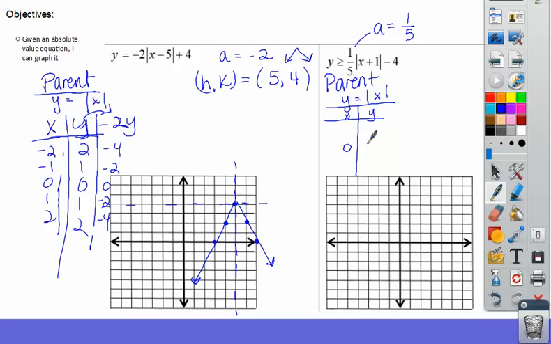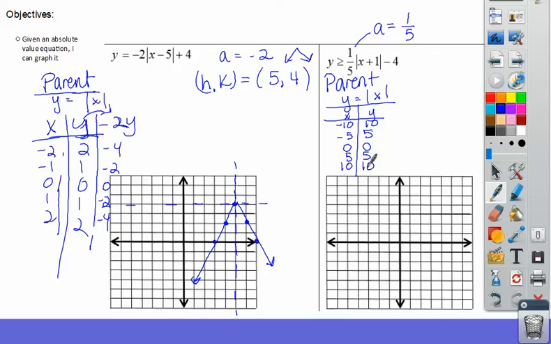I'm going to plug in a 0 and get a 0. When I plug in a -5, what do I get? What's the absolute value of -5? 5. What's the absolute value of -10? What's the absolute value of +5? What's the absolute value of +10?